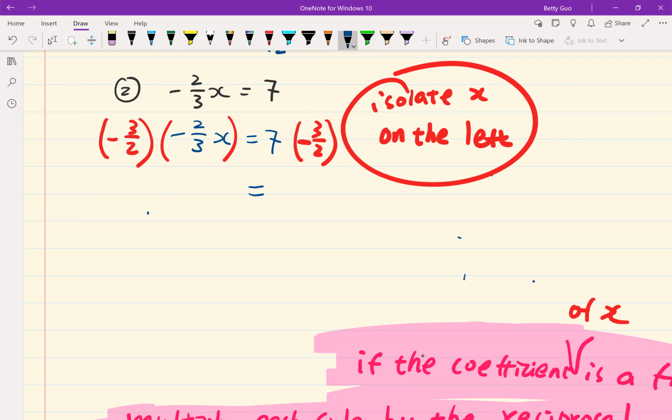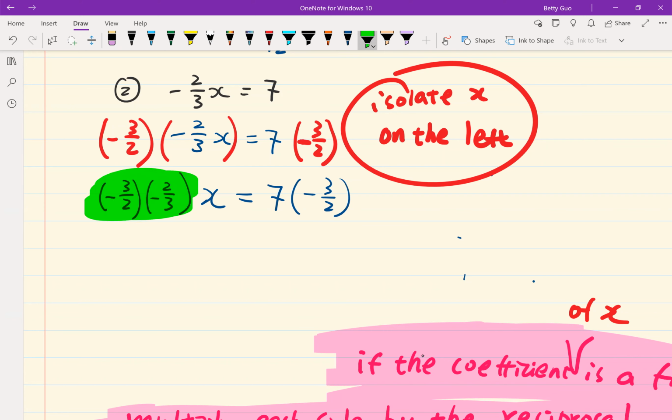We can associate negative 3/2 and the negative 2/3, and then multiply x. Instead of multiplying those two numbers first, we multiply negative 3/2 and negative 2/3 together. That's the associative property, right?